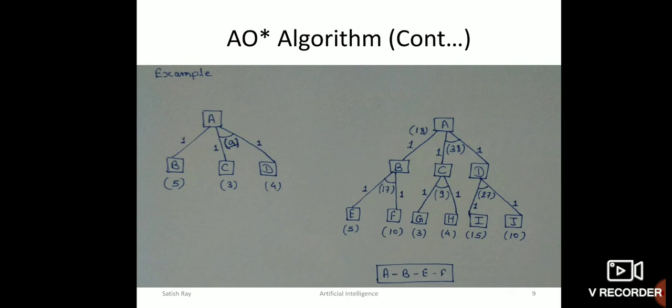So in this kind of problem you will have to apply the AO star algorithm. Similarly, for the example given at the right hand side, I have written all the answers in the graph itself, and for this problem the answer is A to B to E to F. This will be the optimal solution.